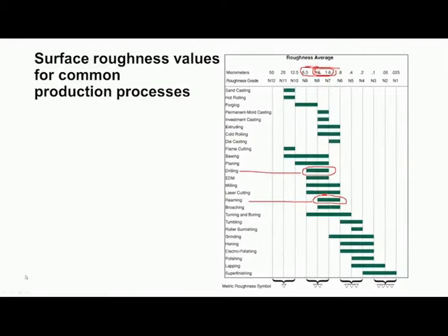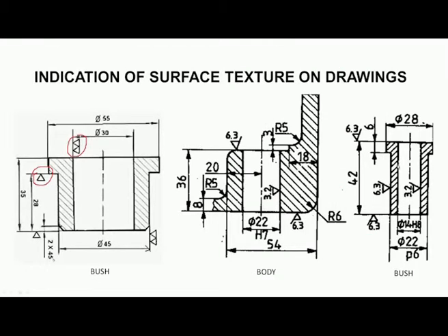So, two triangle grade means we can use machining operations like milling, drilling, planing operation. Such machining operations can be used to produce two triangle finish. So like this we can indicate the surface finish on technical drawings.